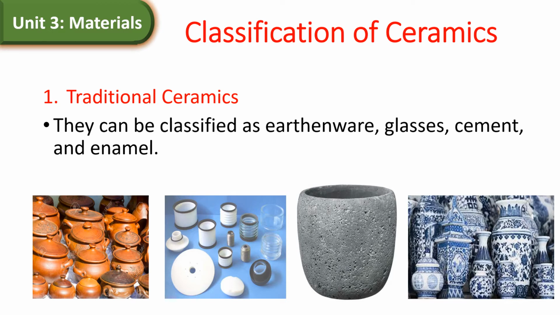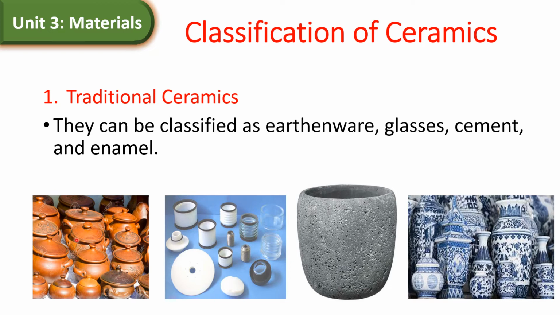The first one is earthenware. This is an example of earthenware. They are basically used to hold or contain liquids. You can find them in cups, bowls, clay pots, or flower pots.